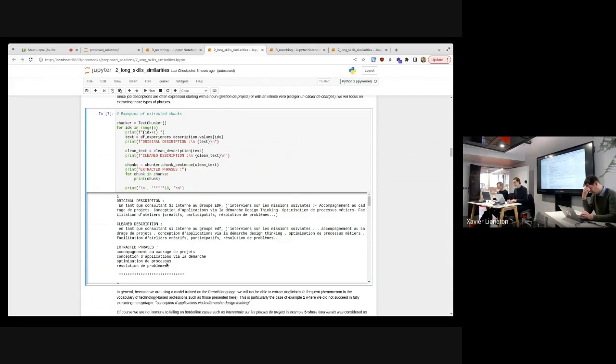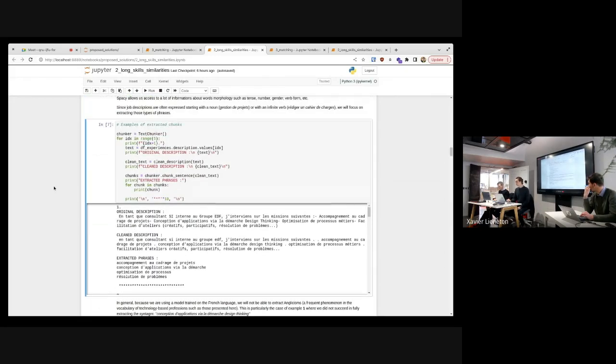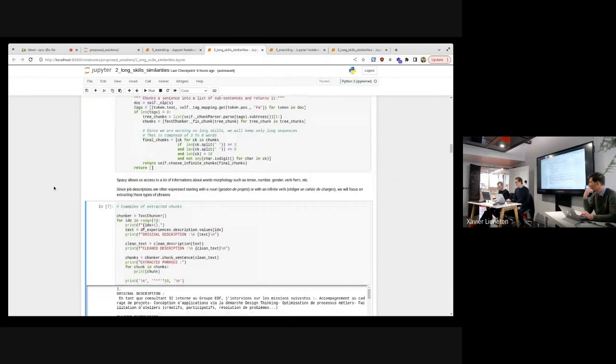And then at the end, you have examples of skills that we can extract from that. And the fact that you put everything in lowercase has no impact on the POS tagger? No, it doesn't, except for proper nouns, but we don't use them, so I don't think it's a big deal.